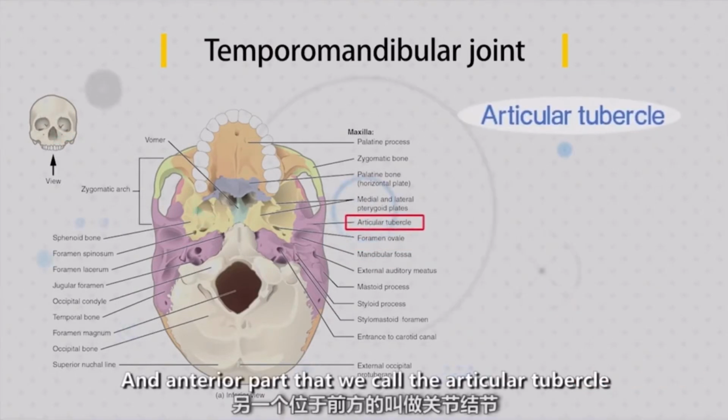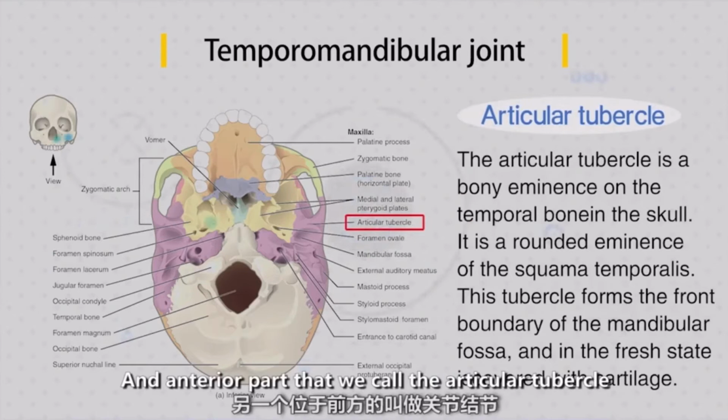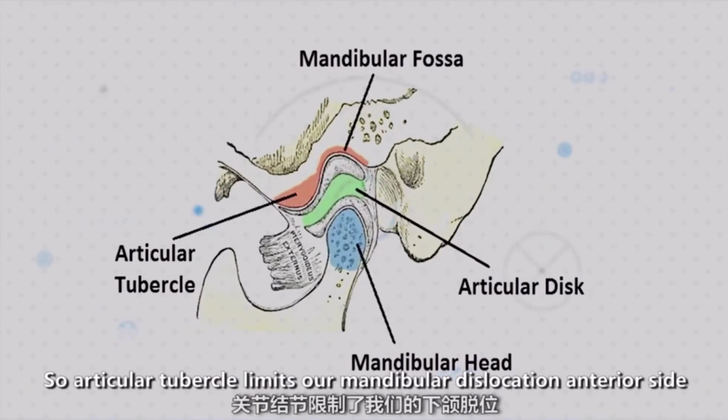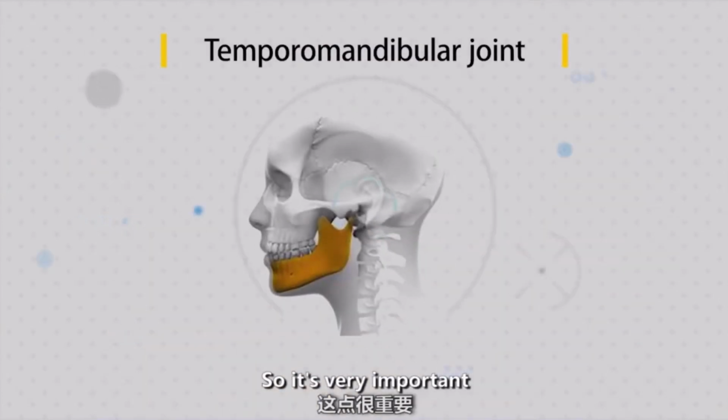At the anterior part, the articular tubercle, which limits mandibular dislocation on the anterior side. Okay, so it's very important.